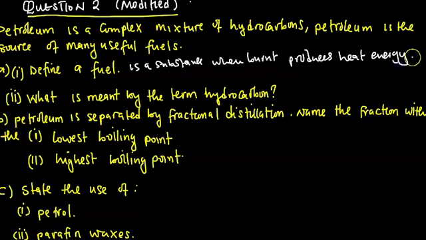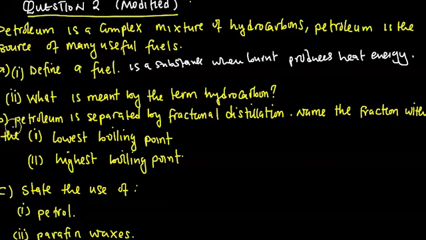That is what we call a fuel. Then the second question is, what is meant by the term hydrocarbon? We've already answered this in the first question. A hydrocarbon, we said, is a compound that contains hydrogen and carbon only.